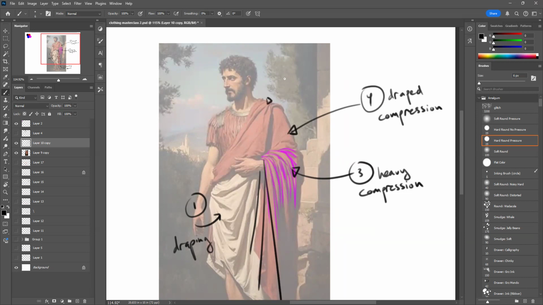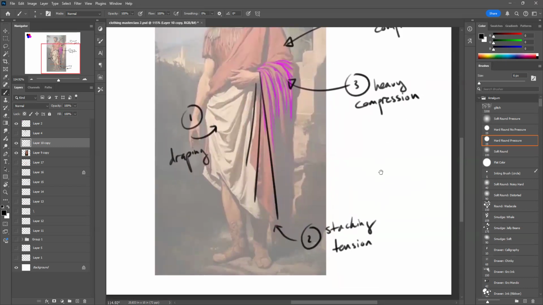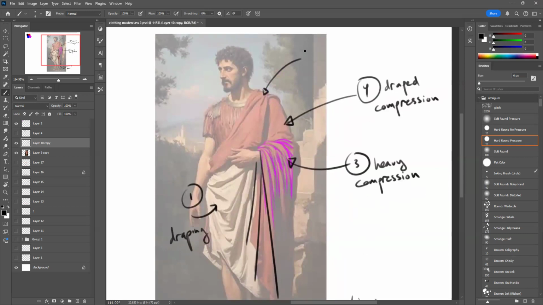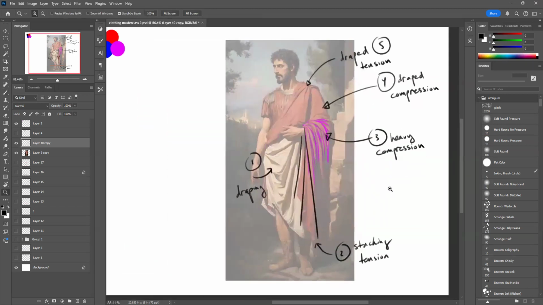And up here, let's call this one stacking tension, and this one, I guess, draped tension. Remember, we only have two forces: a pull and a push, right? This is draped tension.